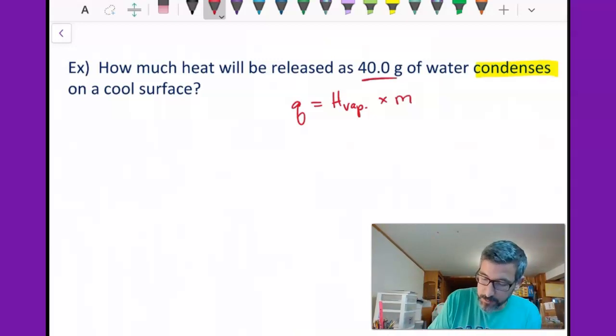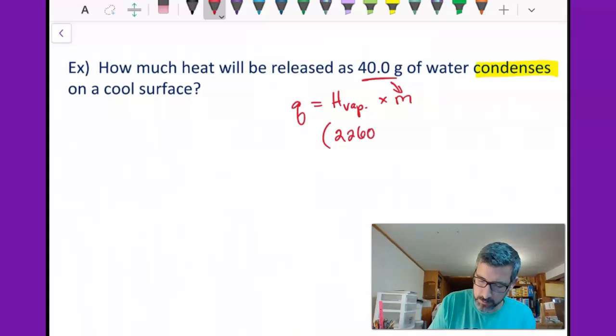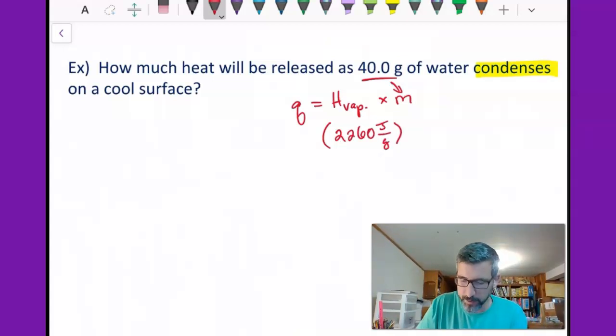Now the mass, of course, once again is given, right? The heat of vaporization for water is 2,260, so it's a much larger number, and that's going to be once again in joules per gram. So let's go ahead and see if we can calculate how much heat 40 grams of water would release as it condenses.